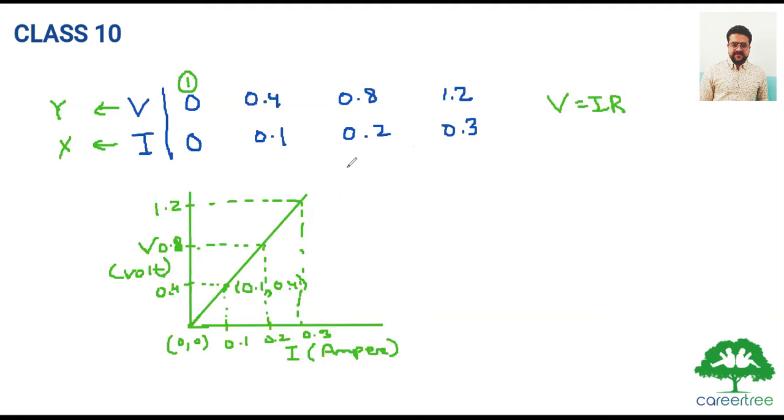Now, the question here is to find the resistance using the graph. How to find a resistance using the formula was something which we already did. Now, using this graph, if I need to find the resistance, using a V versus I graph, we need to find the slope of this graph.